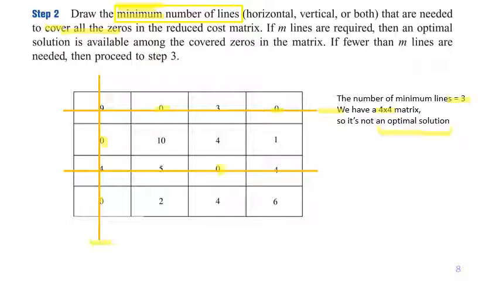The number of lines is 3, but our matrix is 4 by 4. So we have fewer lines than m. In this case, m equals 4. We have 4 jobs and 4 machines. So we go to step 3.